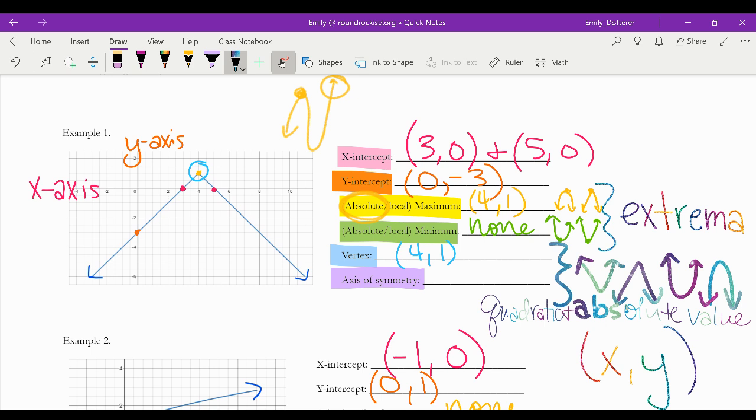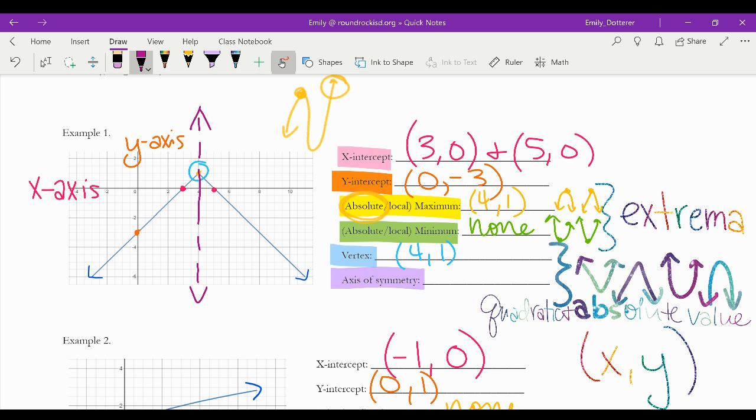So only those two types of graphs are going to have these. So vertex is absolute maximum or absolute minimum. The axis of symmetry is an invisible line that cuts the graph into two pieces that are mirror images of each other.